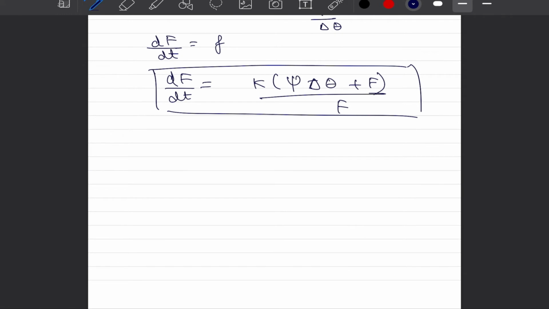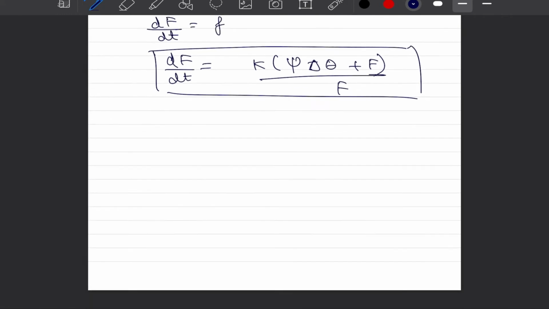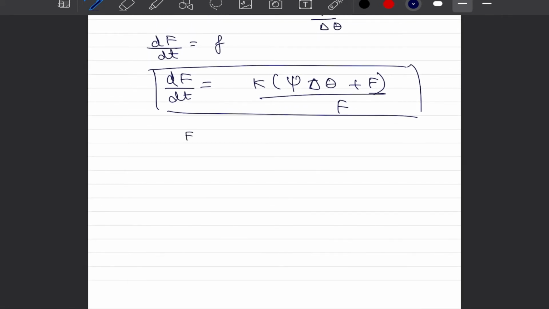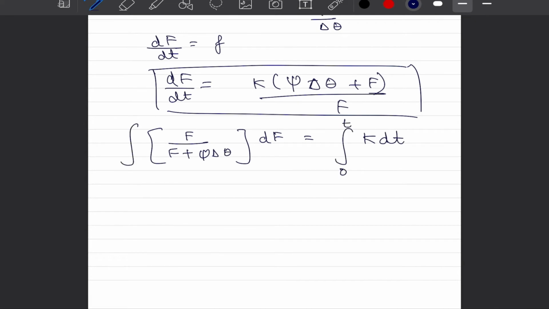Now we will try to solve this integral. So we will write this in a form that this is F upon (F plus phi delta theta), and this would be integrated dF, this would be K dt, and we will integrate it from time 0 to t, and F from 0 to the final amount of F that has entered into the soil.